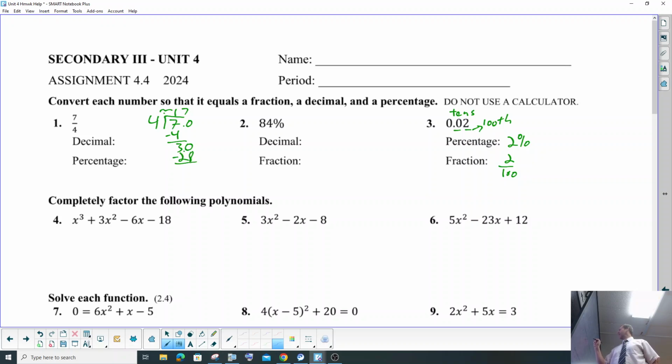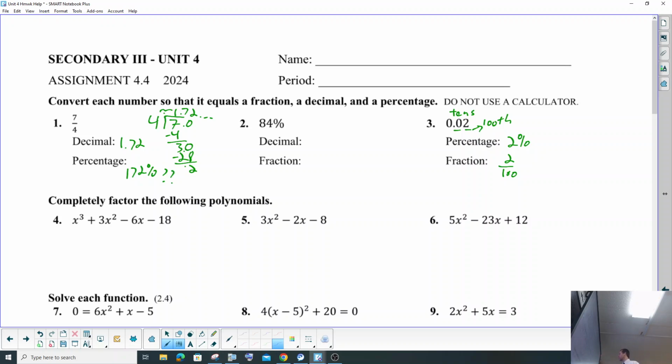So then we get a 2. So that's 1.72 as a decimal. As a percentage, what's that? 172% or something like that.